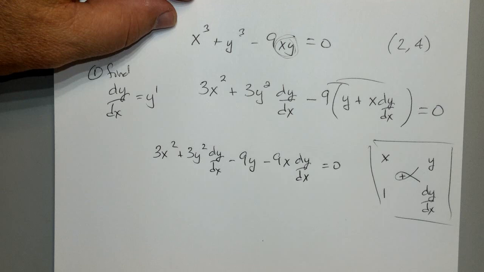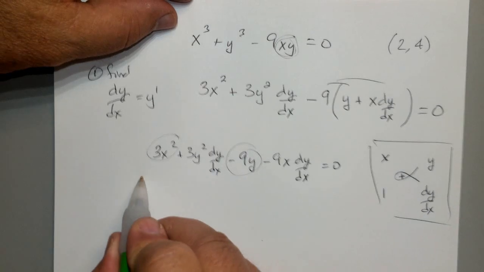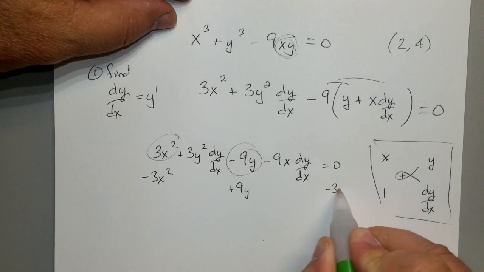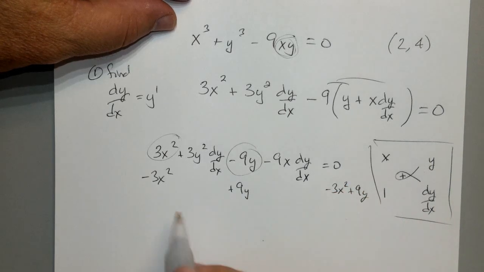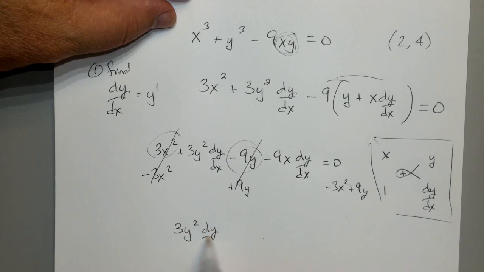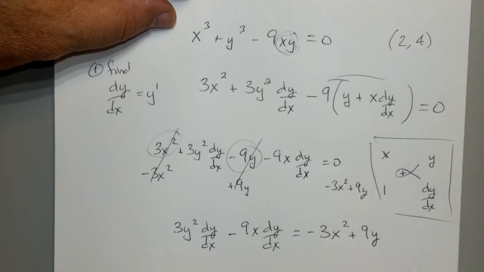Now what? So anything that doesn't have dy/dx goes to the other side. That's got to move, and that's got to move. So we subtract 3x squared, and we add 9y. dy/dx times negative 3x squared plus 9y.